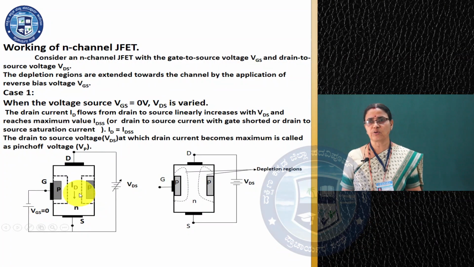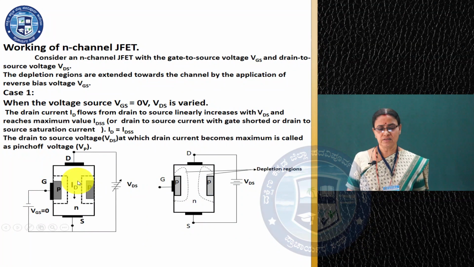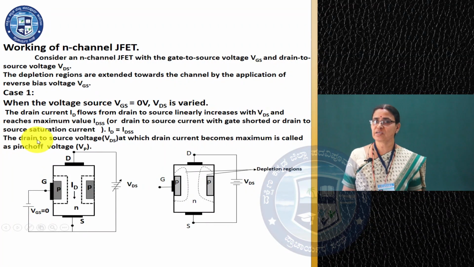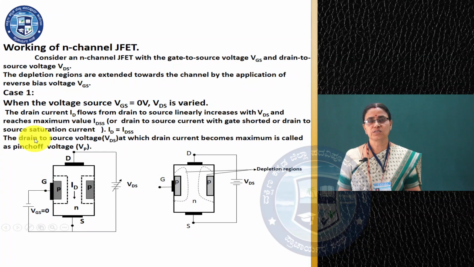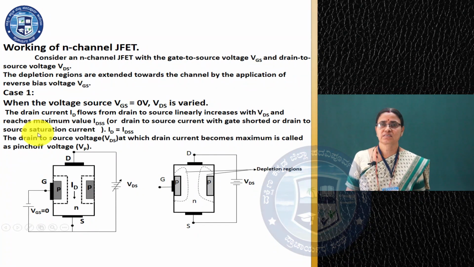At one particular point, ID will be maximum. The drain to source voltage at which ID becomes maximum is called the pinch off voltage.